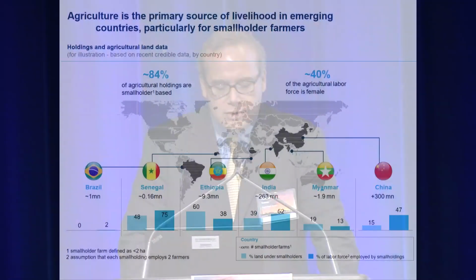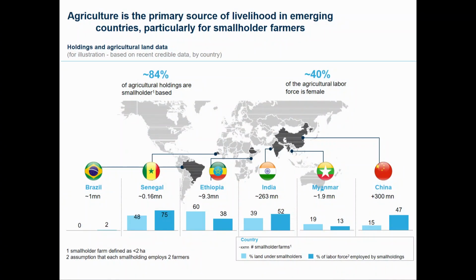Agriculture is primarily a source of livelihood in emerging countries, particularly for smallholders. What we see here is that the distribution of agricultural holdings is basically smallholder based, around 84%. And of the agricultural labor force, 40% is female.